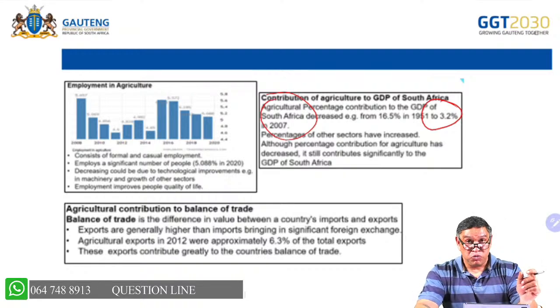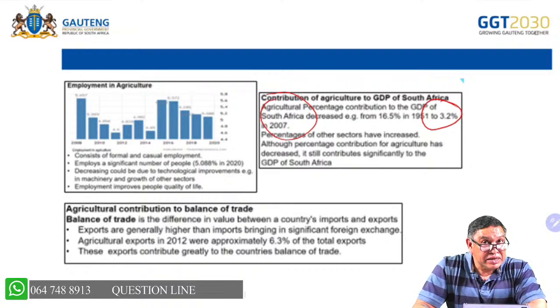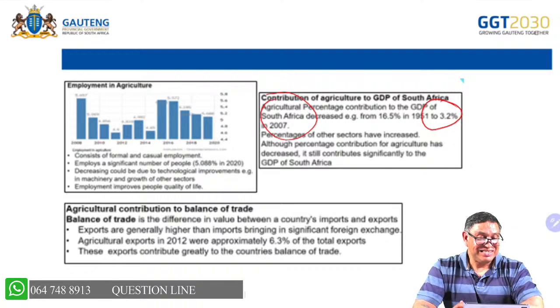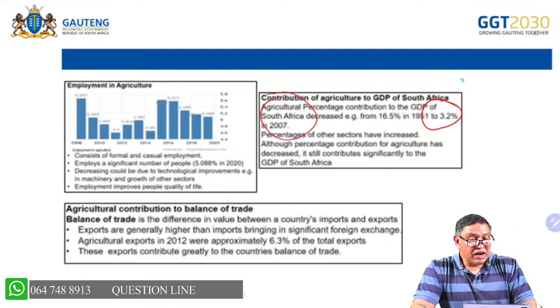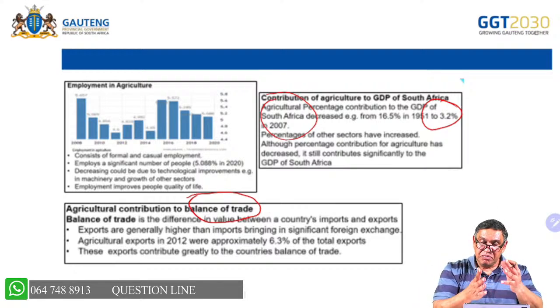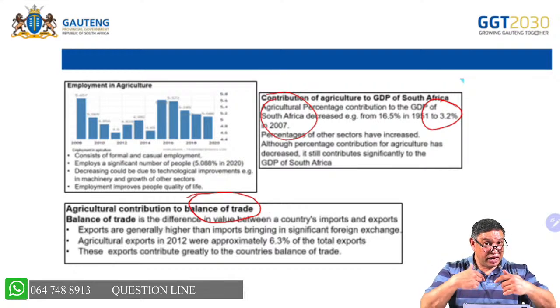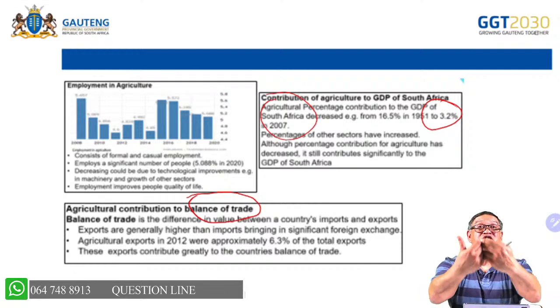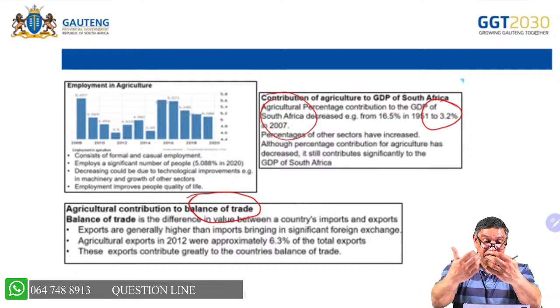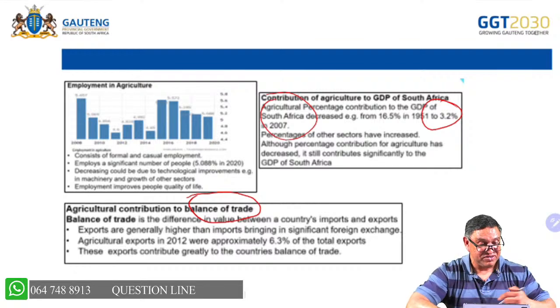It may seem like a small percent, but it's millions of rands. And of course to the balance of trade, that means the amount of imports to exports, and agriculture brings in a lot of money from exporting goods because the money comes in, we sell to other countries.